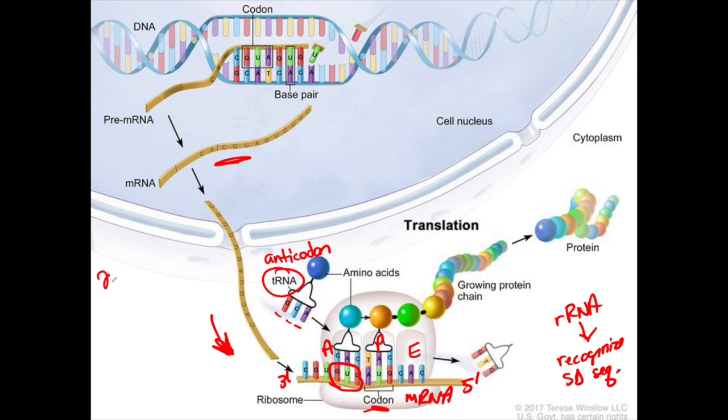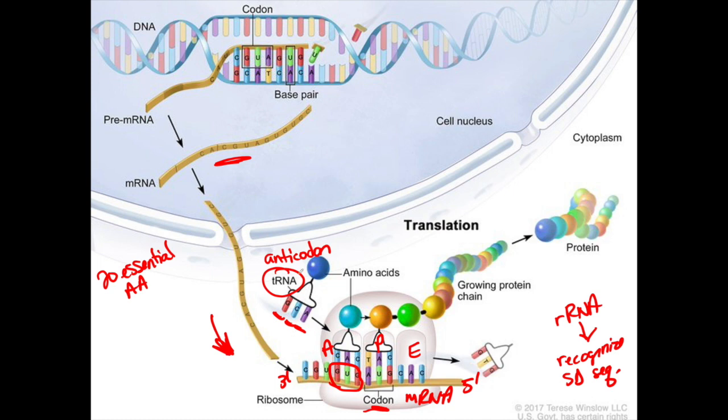And for all 20 essential amino acids, or any of the amino acids that are required for a cell's proteins, whatever combination of amino acids they have, each amino acid will have its own tRNA. So here's the anticodon that will match the codon, complement base pair the codon.